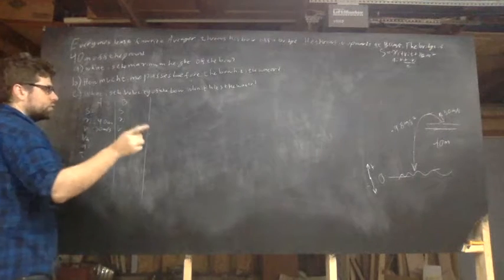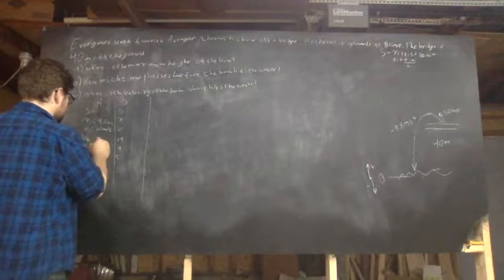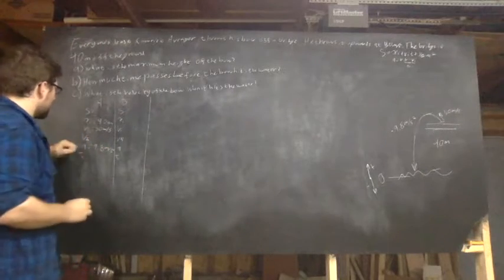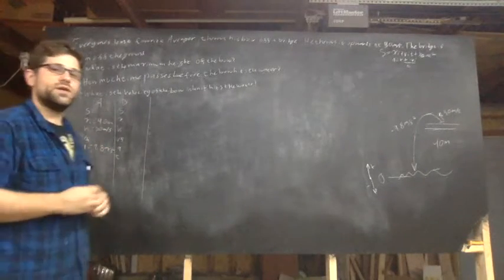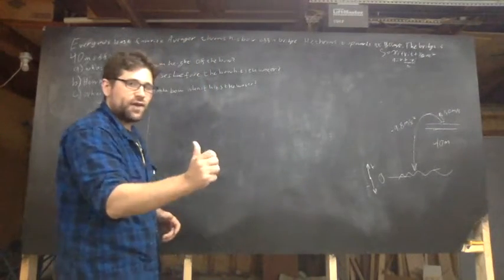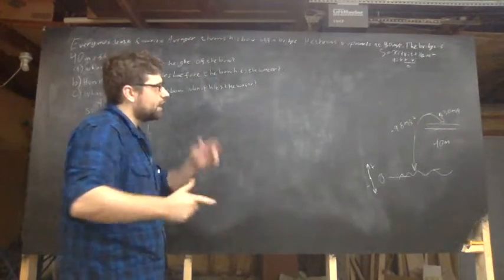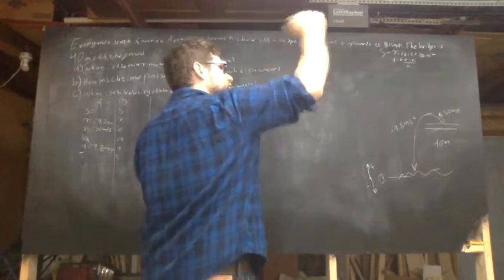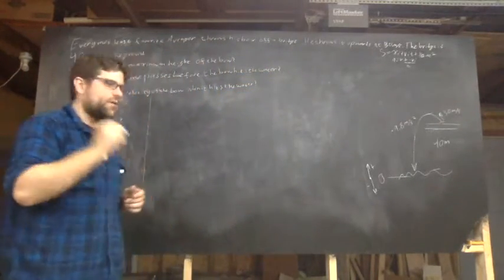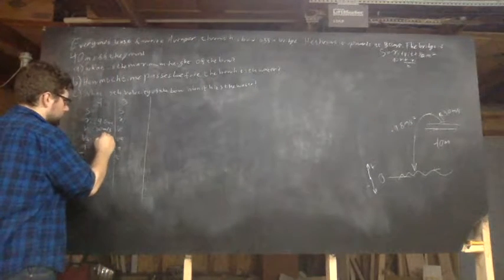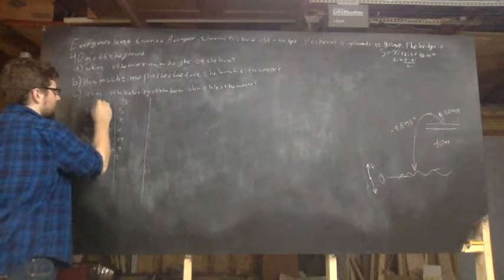Our acceleration, we know because it's a free fall, is negative 9.8 meters per second squared. And our vf, our final velocity, we know that because this is being thrown upwards, has a positive velocity and a negative acceleration, it is going to continue slowing down until it reaches 0 velocity. So our vf is going to be 0 for part A.